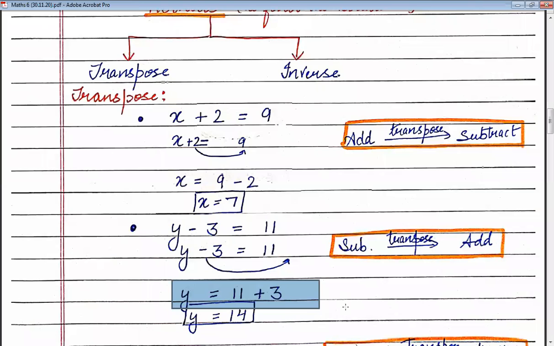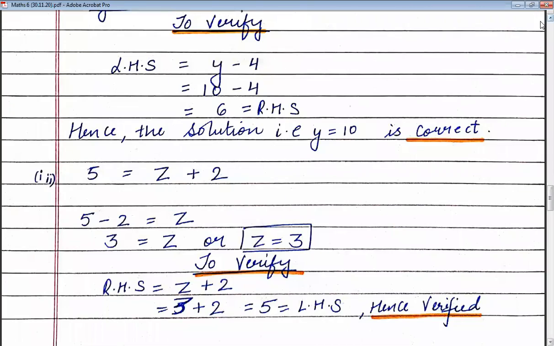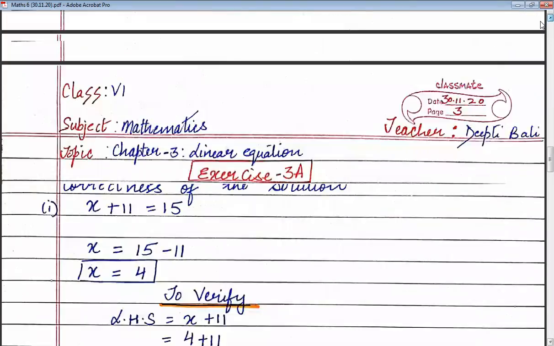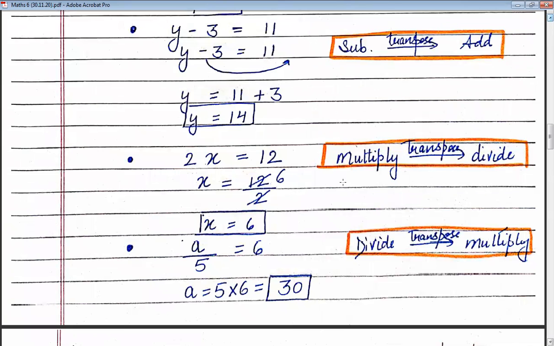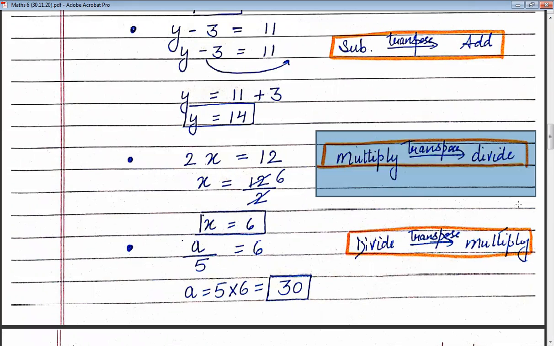So the subtracted number goes to that side and it will be added on the right hand side. Now next one is multiplication. When you send multiplication to the other side, it becomes divide. When you subtract it, it becomes added. And when there is a multiply sign here, it goes and becomes divide.